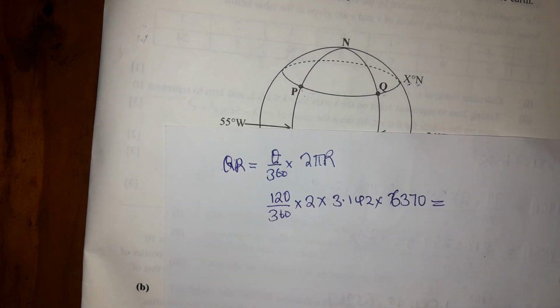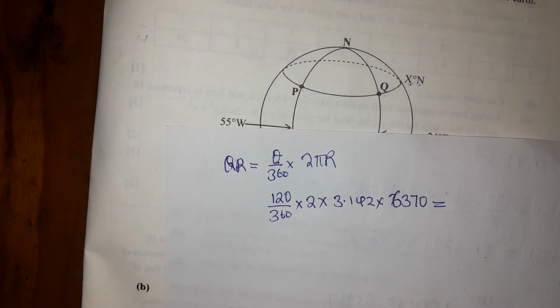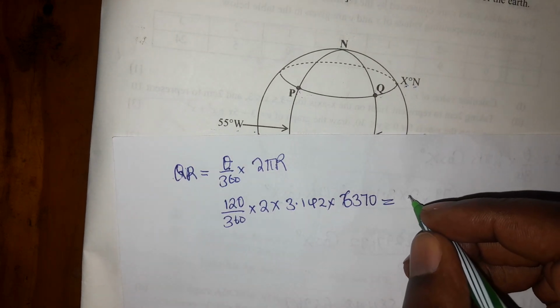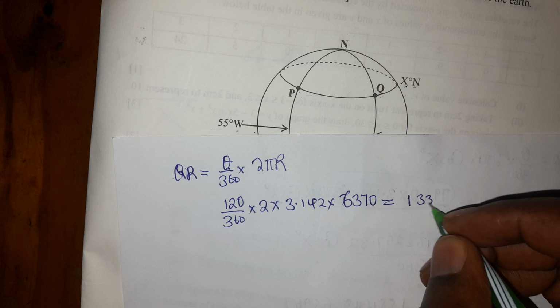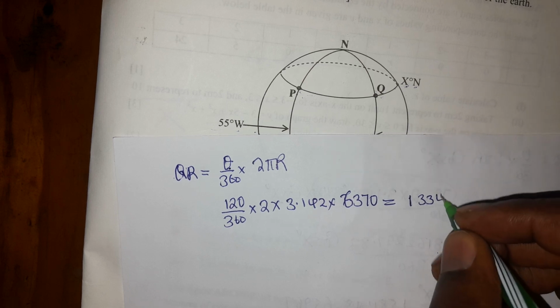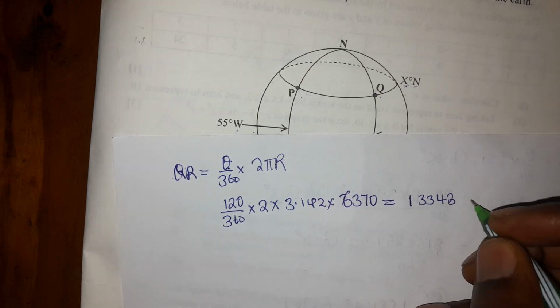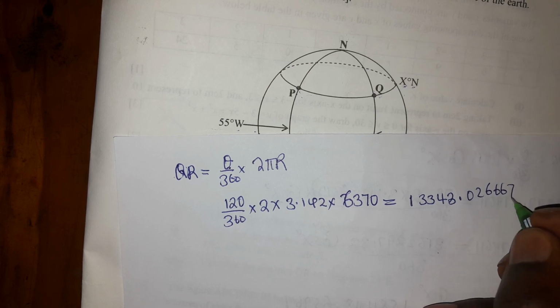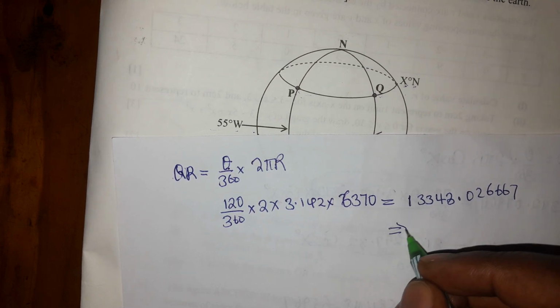Now we punch this on our calculator. What are we going to get? What are you getting on your calculator? 133.026667.